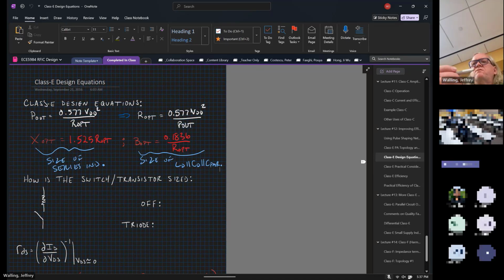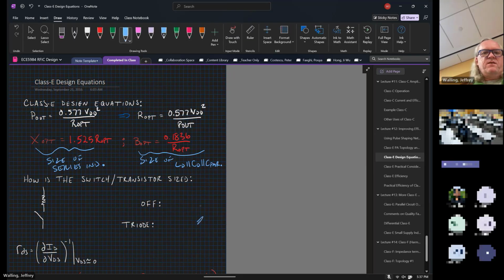Let's see, is my pen not going to work? Oh, goody. Okay, that pen will work. Good to know. Anyhow, you have some X-opt. This is just some excess inductance.